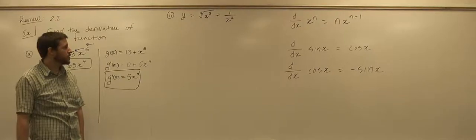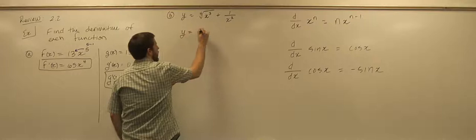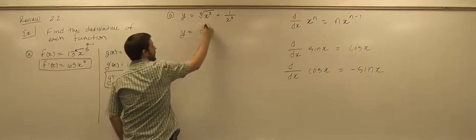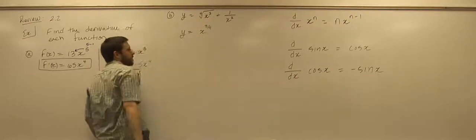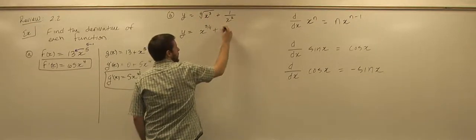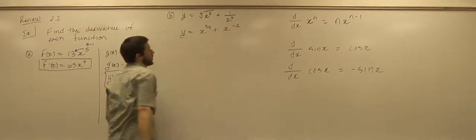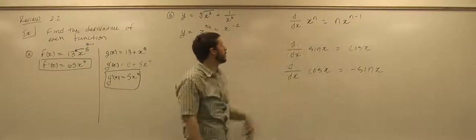Right, so do your algebra first. Rewrite it as an exponent. So this will become x to the 3/4. The root is always on the bottom and the exponent's on the top. Plus, I'm going to write this guy again as what? X to the -2. Now you have the perfect form that you need to use your power rule.